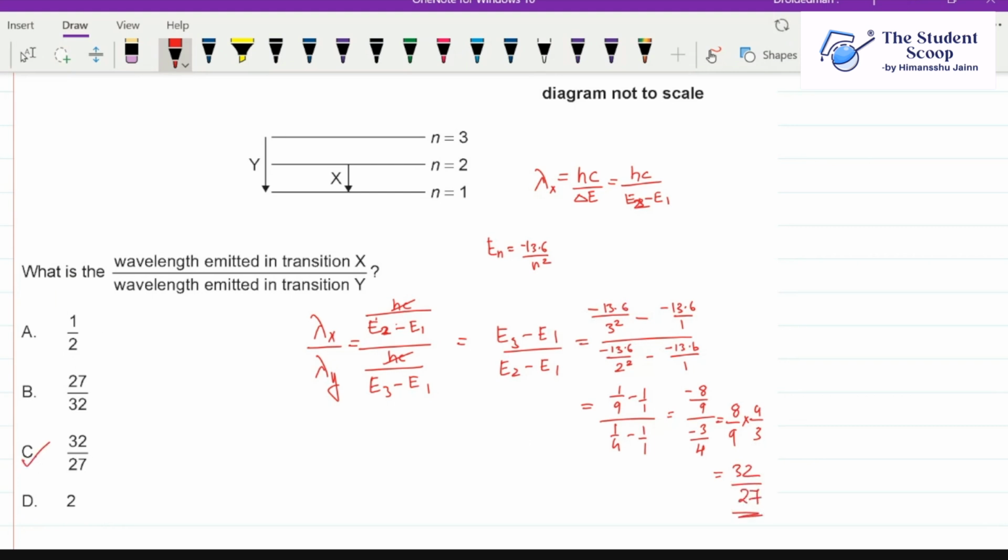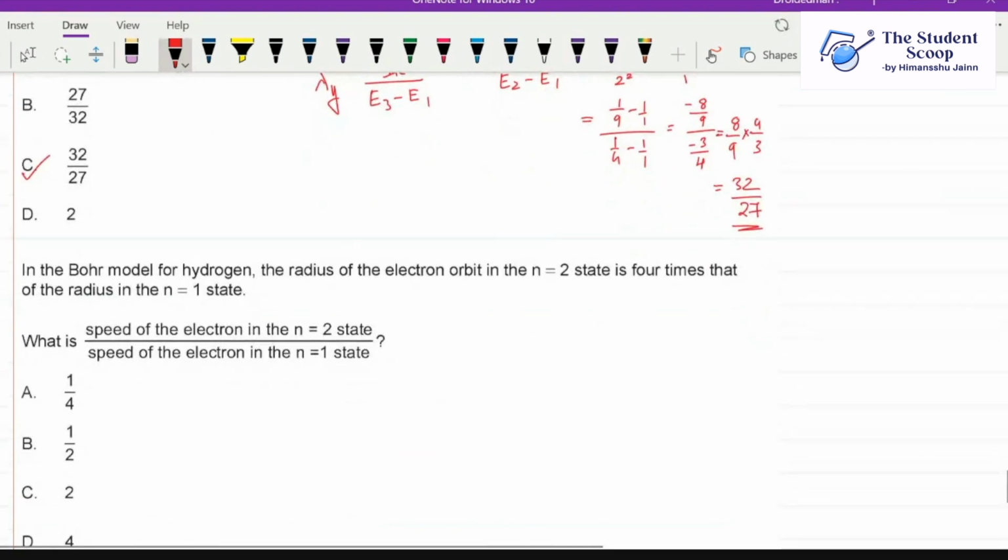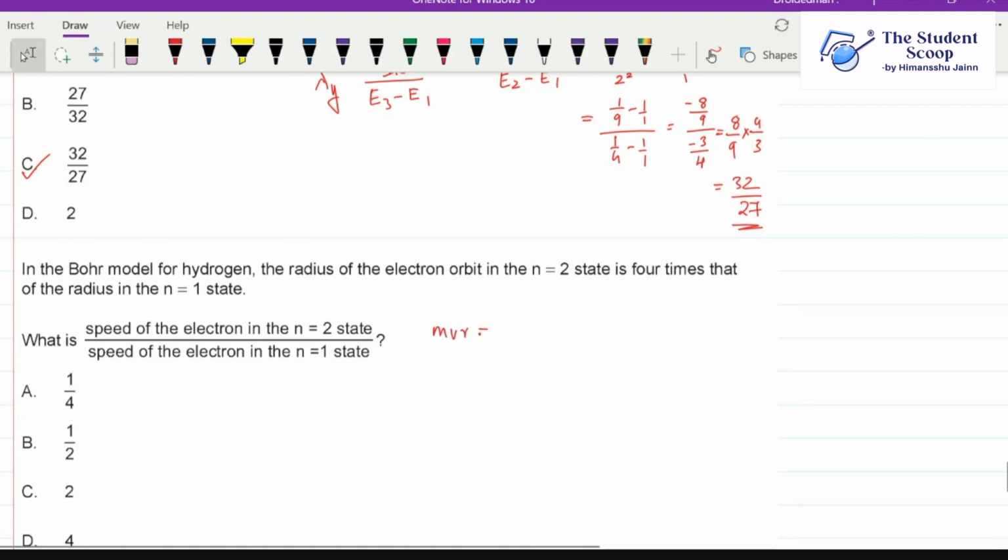Okay, so this kind of problem is expected. Now, the speed of the electron in n equal to 2 state. The radius is given for the n equal to 2 state, that it is 4 times the radius of the n equal to 1 state. So we know that the relationship is mv square by r, and mvr is equal to nh by 2 pi, correct?